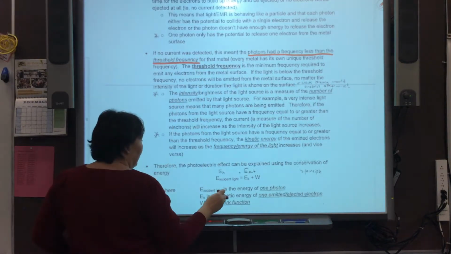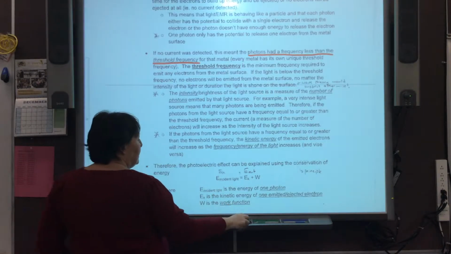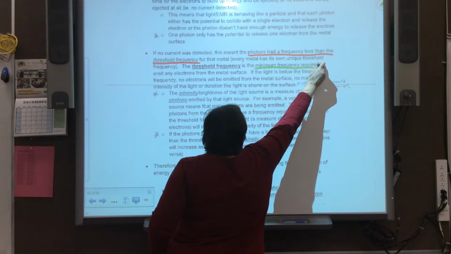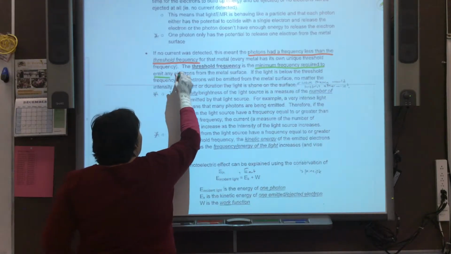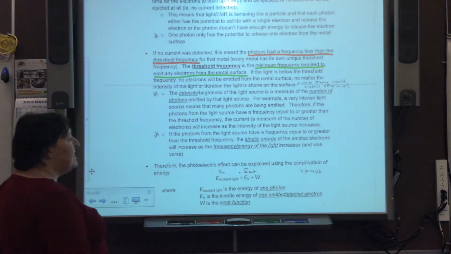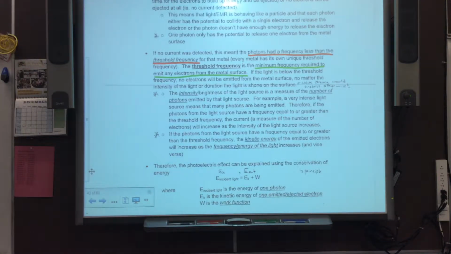So threshold frequency is the minimum frequency required to emit any electrons from the metal surface. Okay, the minimum amount of frequency required to emit any electrons from the metal surface. If the light is below that threshold, there won't be any electrons emitted and there won't be current detected.